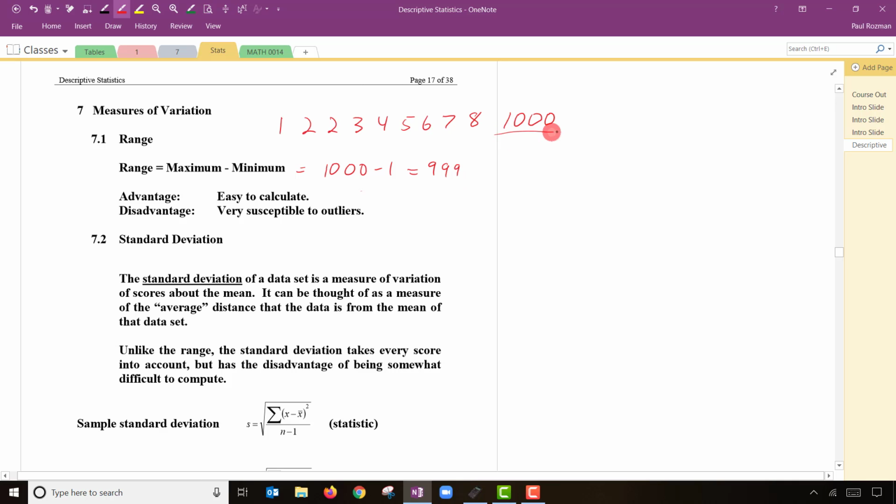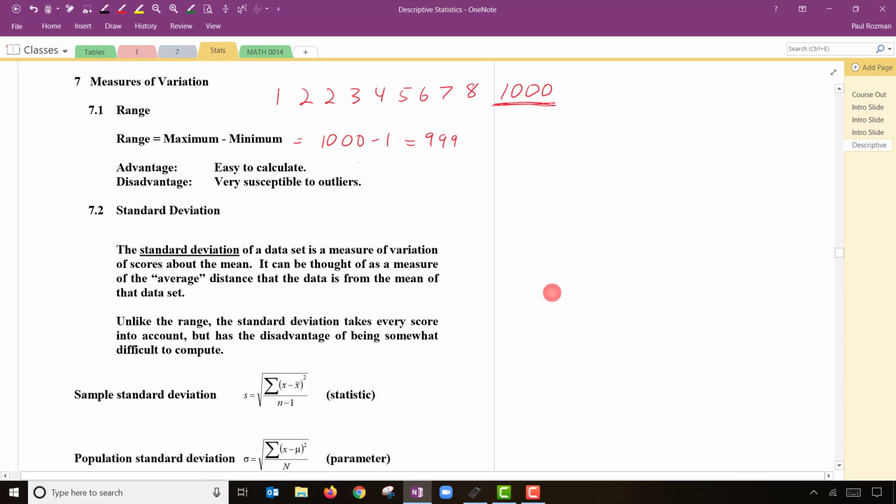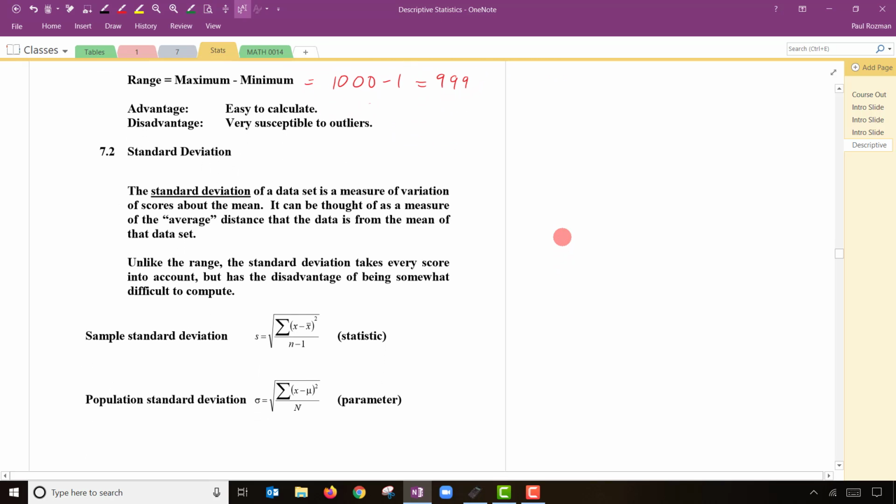So the range isn't necessarily the best way, but it sure is a nice, quick, and easy way to measure. And if you don't have any crazy values like this, then it is a decent way to measure how varied your data is. The next one is standard deviation. You've probably heard of it as well. We'll have one symbol for sample standard deviation. So we'll use s when we're talking about samples, and we'll use the Greek letter sigma when we're talking about populations.